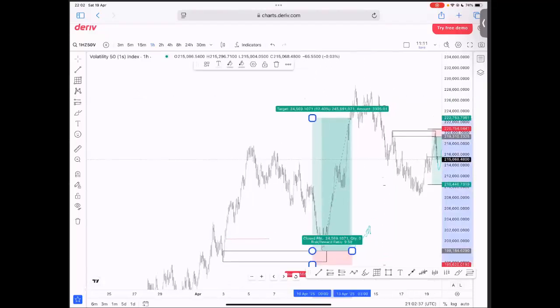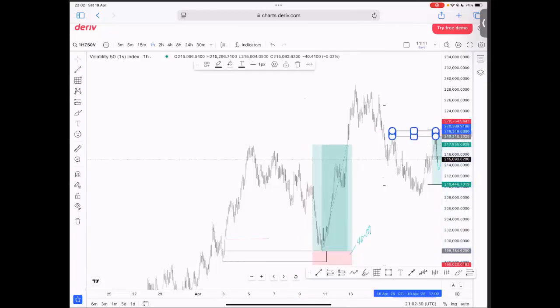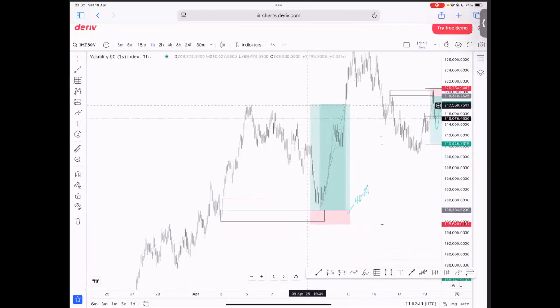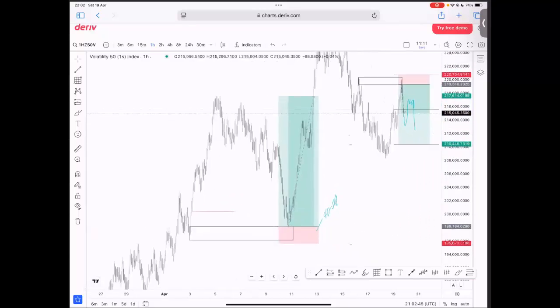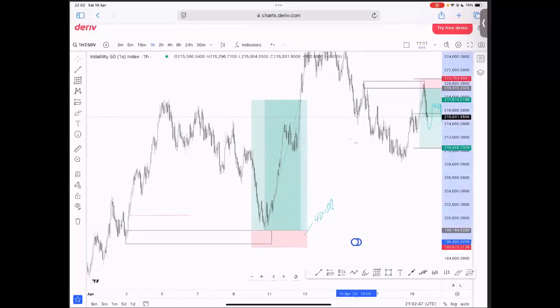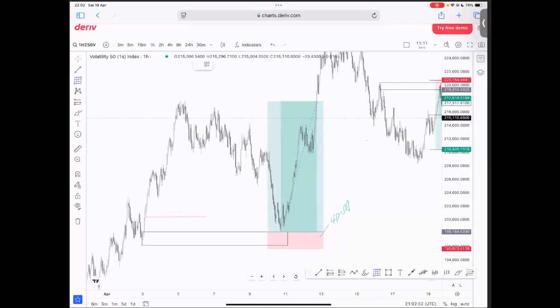If you're targeting this last high, your Fibonacci 2 is going to be at that last high. From your stop loss towards your take profit target, wherever your levels will be, that is where your Fibonacci is going to be.